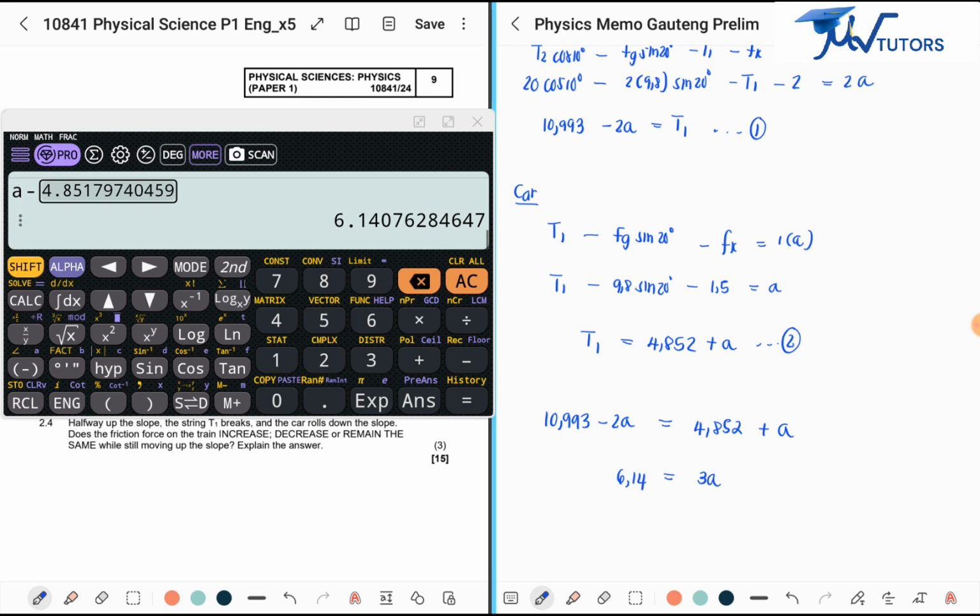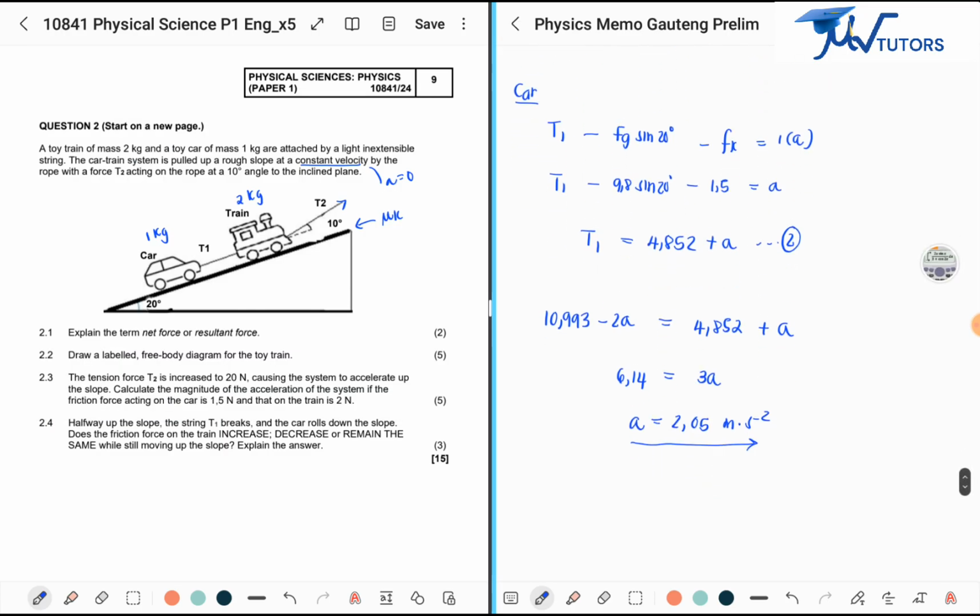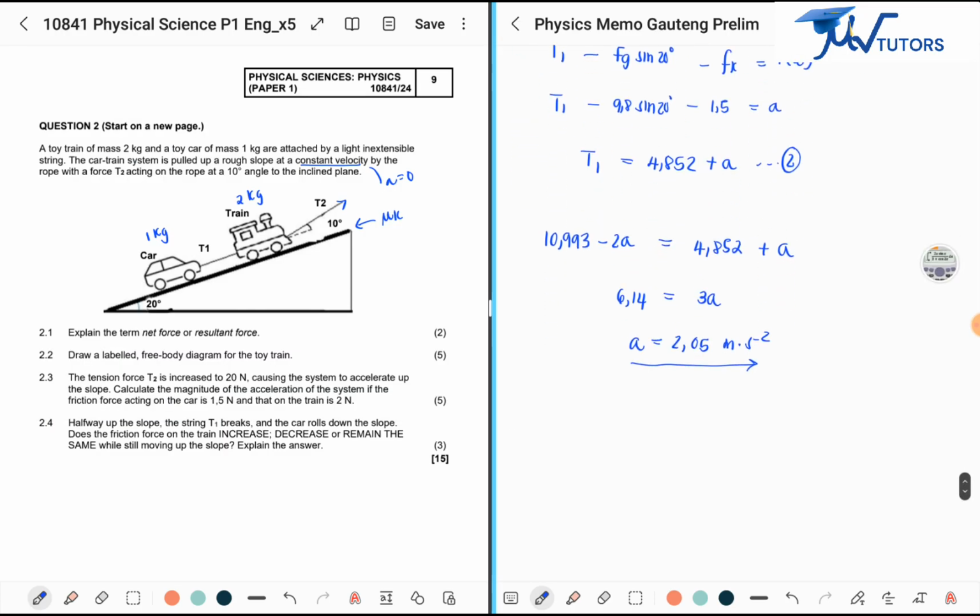Alright, and I'm going to divide that by 3 and I get an answer of the acceleration is 2,05 meters per second squared. I'm rounding off to 2 decimal places at the end. Do not forget your units. Whew, all right, 5 marks. There we go. We have the acceleration.